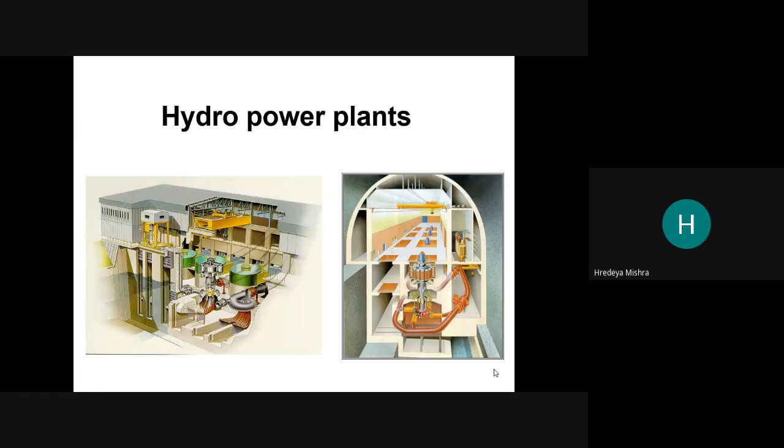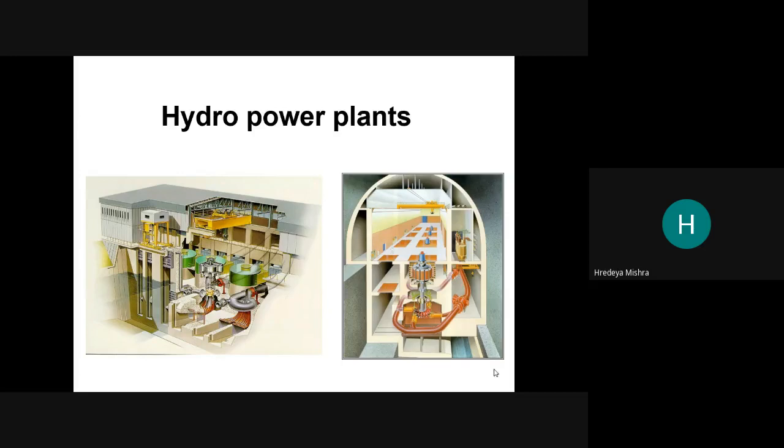Okay, so we study that hydraulic machinery is mainly based on two things: one is the hydraulic turbine and second is the hydraulic pump. Okay, and we can go to the detailed discussion of the impulse turbine, example is Pelton wheel turbine, and reaction turbine, example is Francis turbine. Okay.